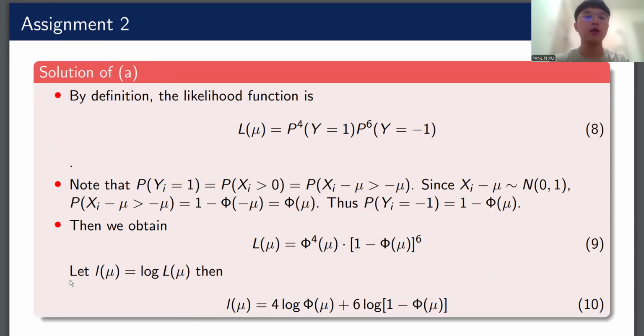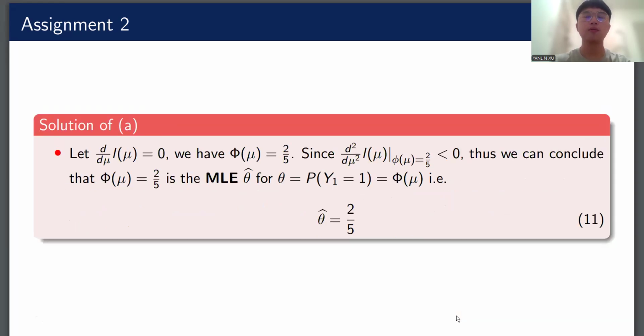and we let L be the log of the likelihood function. Then L(mu) is equal to 4 times log phi(mu) plus 6 times log of 1 minus phi(mu). We have to find the extreme value of this function.